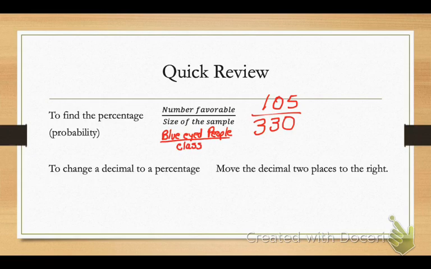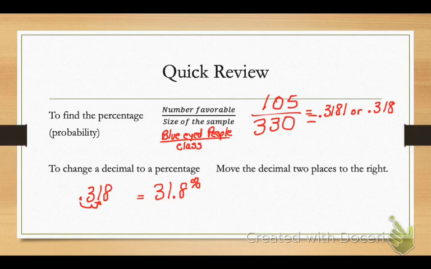So I have 105 blue-eyed people in the freshman class of 330 students. I'm going to change that to a decimal, and then I'm going to round to 3 decimal places. So that's how I find my percent. Now, to change that decimal to a percent, I am going to move my decimal place 2 places to the right, and that's going to give me 31.8%.